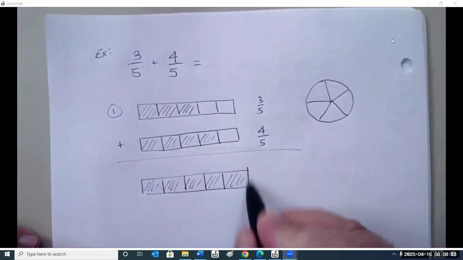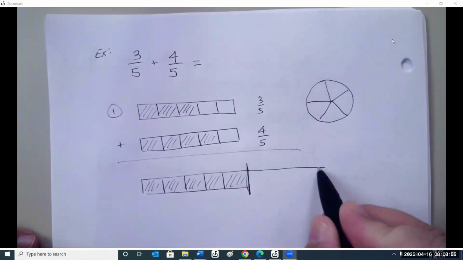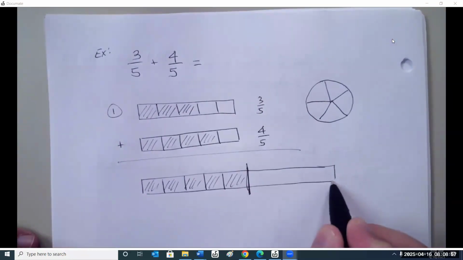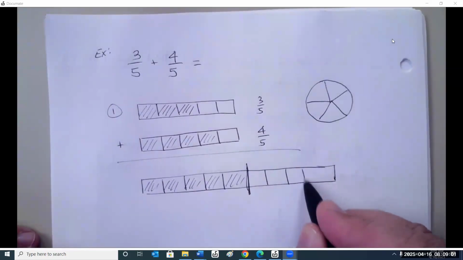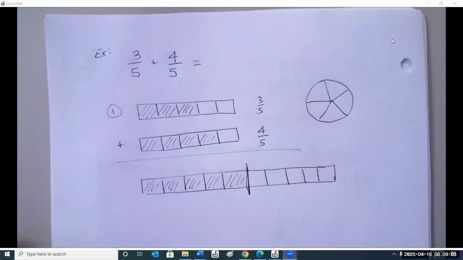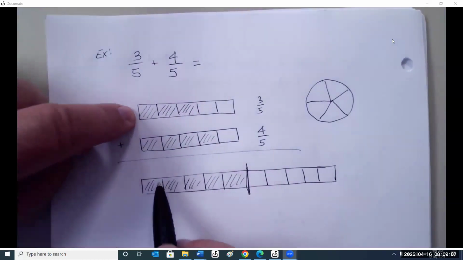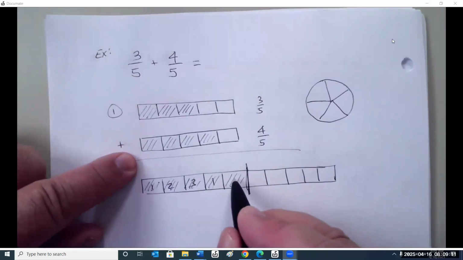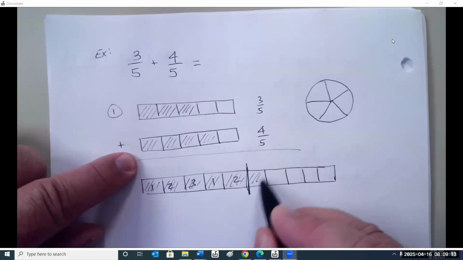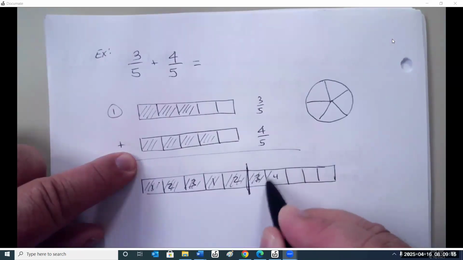You have to always go in groups of 5. So we have these three, 1, 2, 3. We have 1, 2, 3, 4.